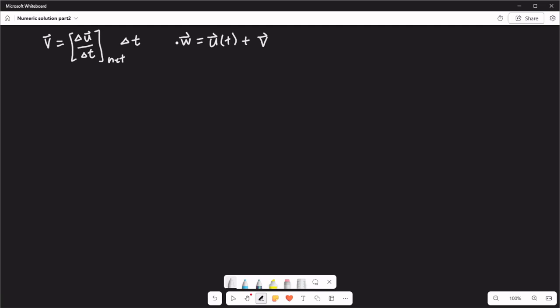However, in general, the divergence of W vector does not equal 0.